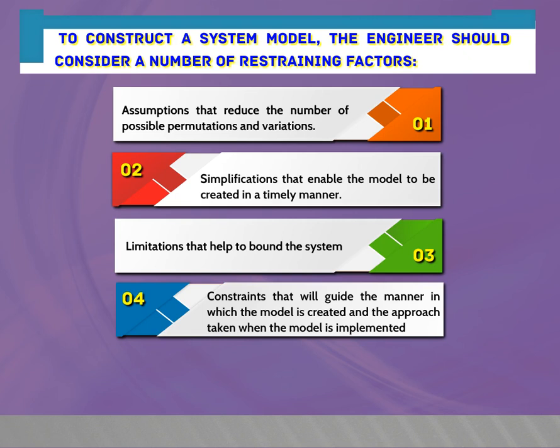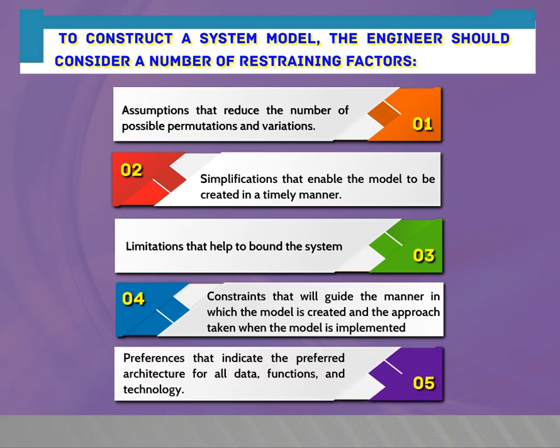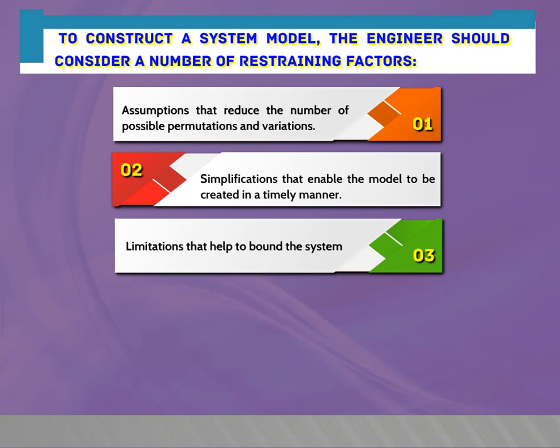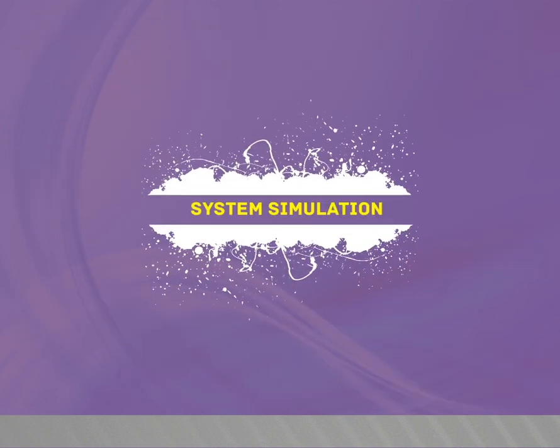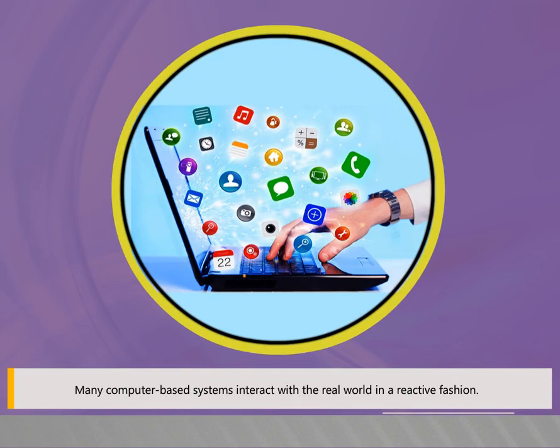Constraints that will guide the manner in which the model is created and the approach taken when the model is implemented. Preferences that indicate the preferred architecture for all data, functions, and technology. System simulation. Many computer-based systems interact with the real world in a reactive fashion.